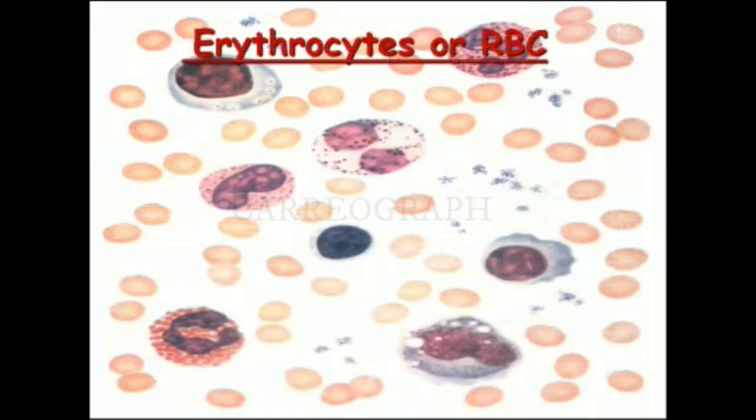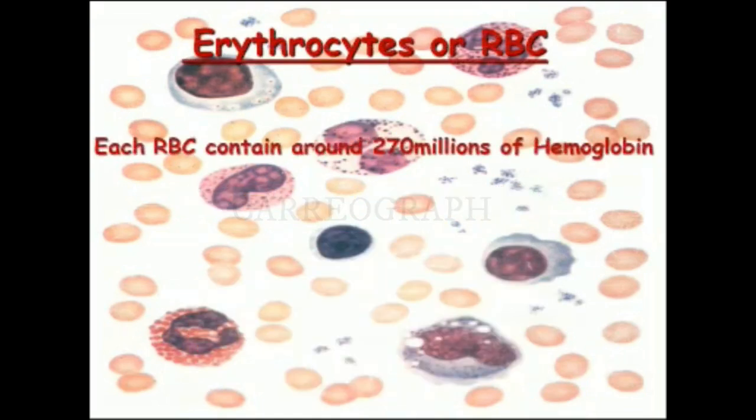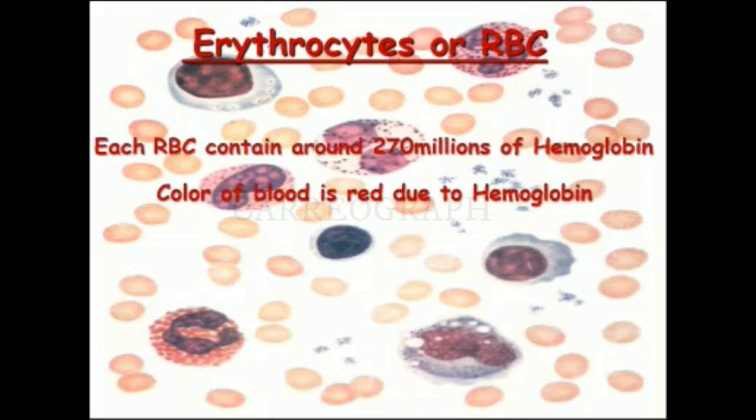Now each RBC contains around 270 million hemoglobin molecules, and the color of hemoglobin is red. Therefore, the color of blood is also red due to hemoglobin. The lifespan of an RBC is 120 days.